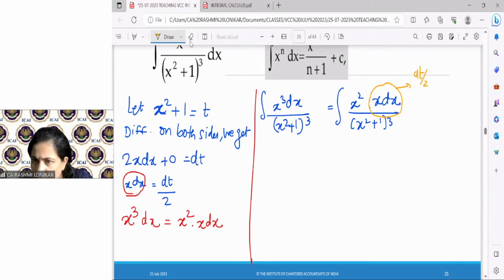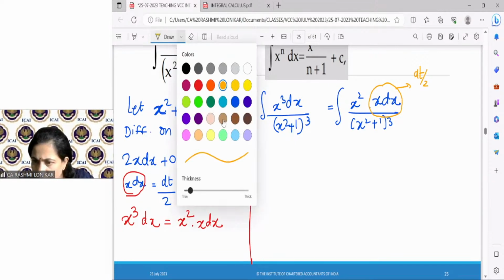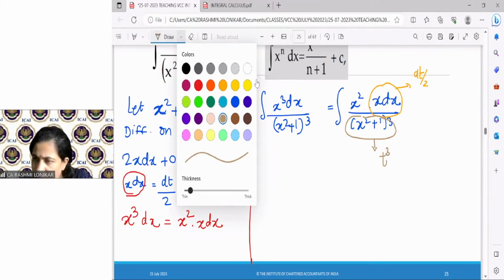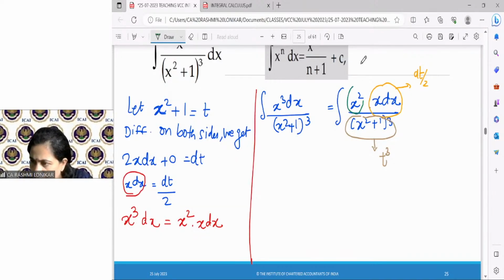Instead of the denominator, t cube. And for x square, I'm going to write t minus 1. Now, let us talk about how.